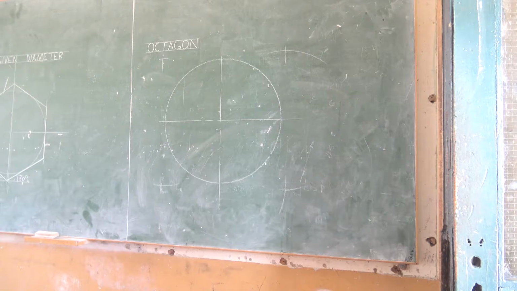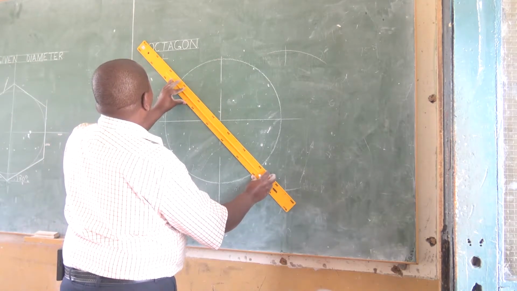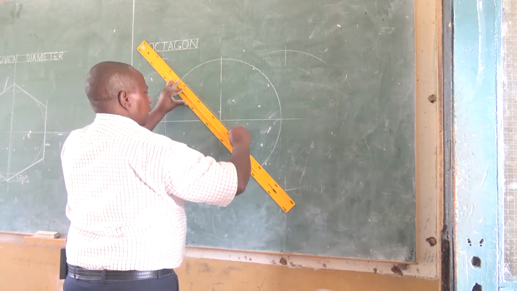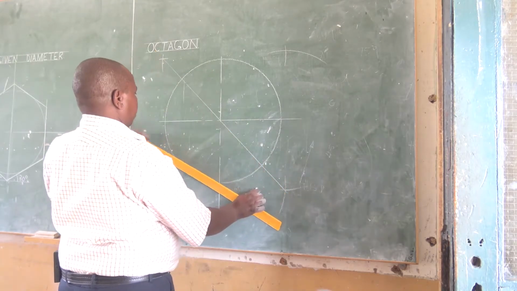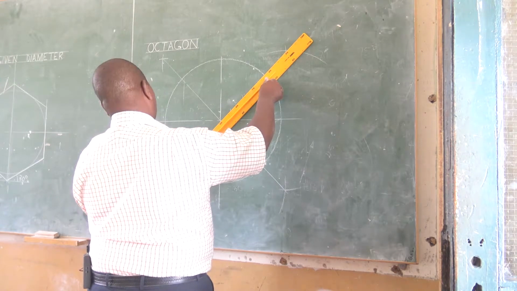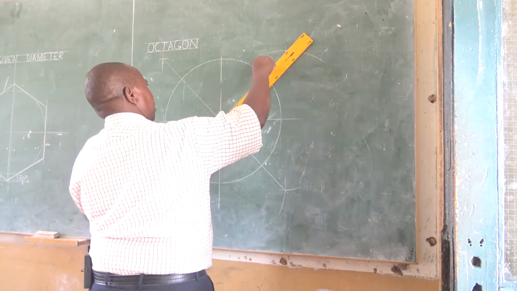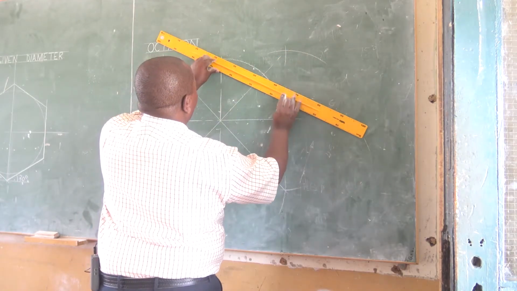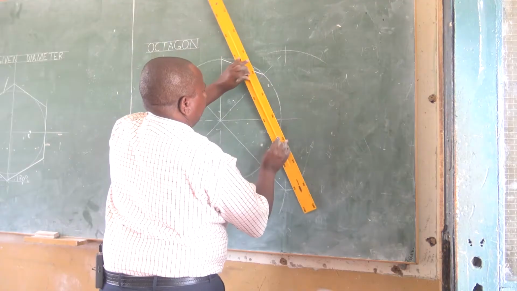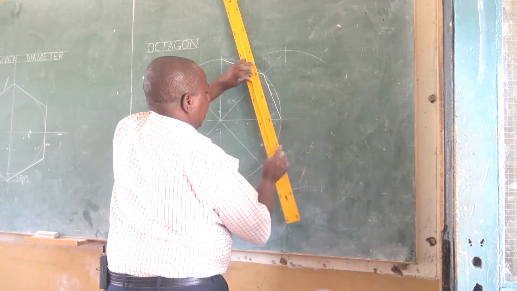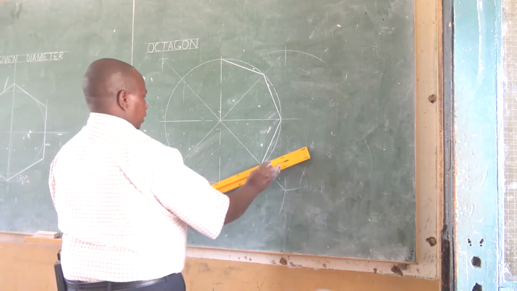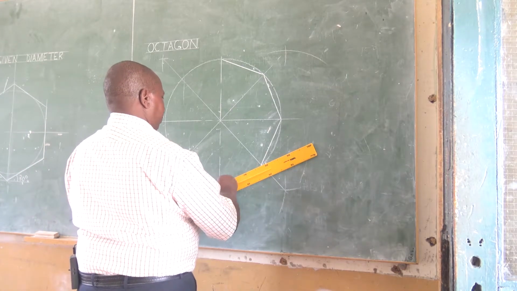So if we connect these lines across through the center, across the circle, that way, and join the vertices so formed, we are able to get the required octagon when we are given the diagonal, which is the distance across corners. So we proceed to join that and with an outline to complete the required octagon.